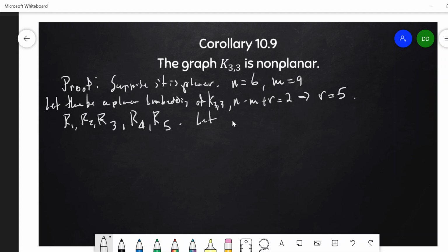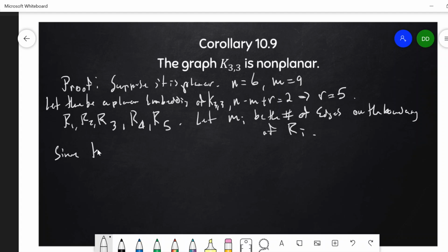Let m sub i be the number of edges on the boundary of R sub i. Since K33 is bipartite, there are no triangles. In particular, generally there are no odd cycles, but in particular there are no triangles.